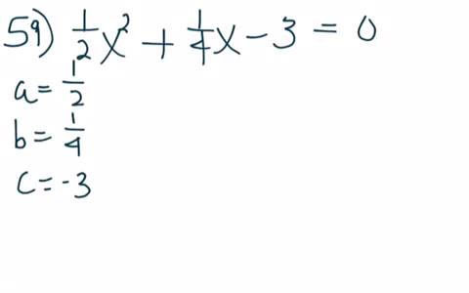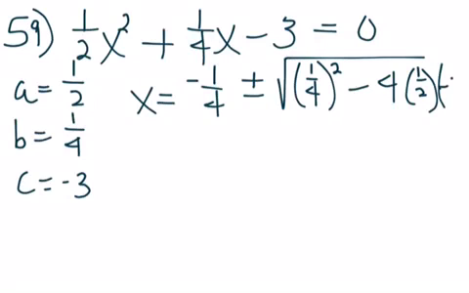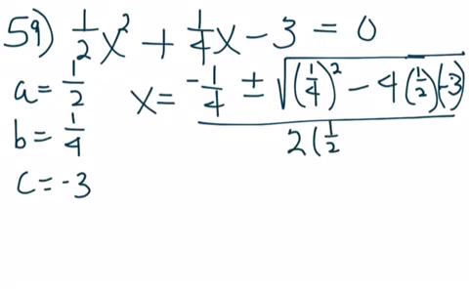We can work through this. So x equals the opposite of B. So that would be a -1/4 plus or minus the square root of 1/4 squared minus 4 times 1/2 times -3. All over 2 times 1/2.